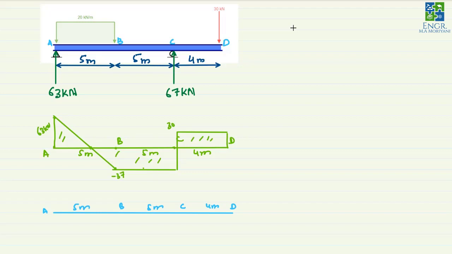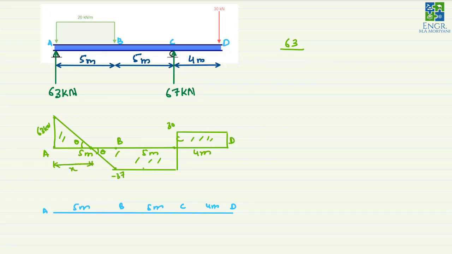In order to find this location, we have to apply the similar triangle method. As you know, this angle theta and this angle theta should be equal. So perpendicular upon base from this side and perpendicular upon base from this side should be equal. So this should be 63 divided by this distance.